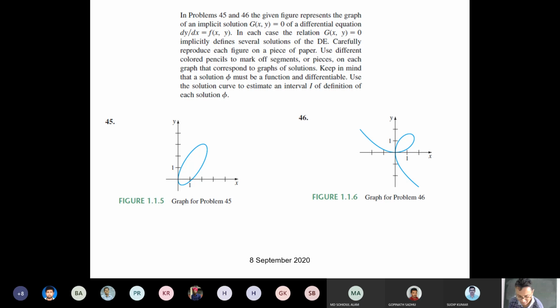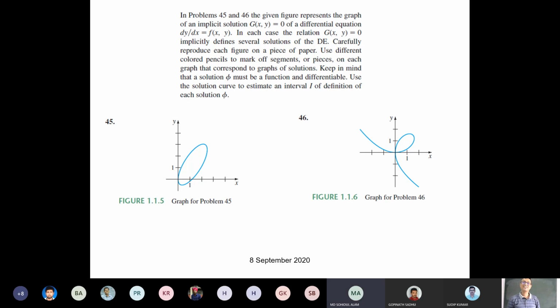Yeah, can anybody tell me? You, during your BSc days, probably in BSc you studied it, right? Yes.